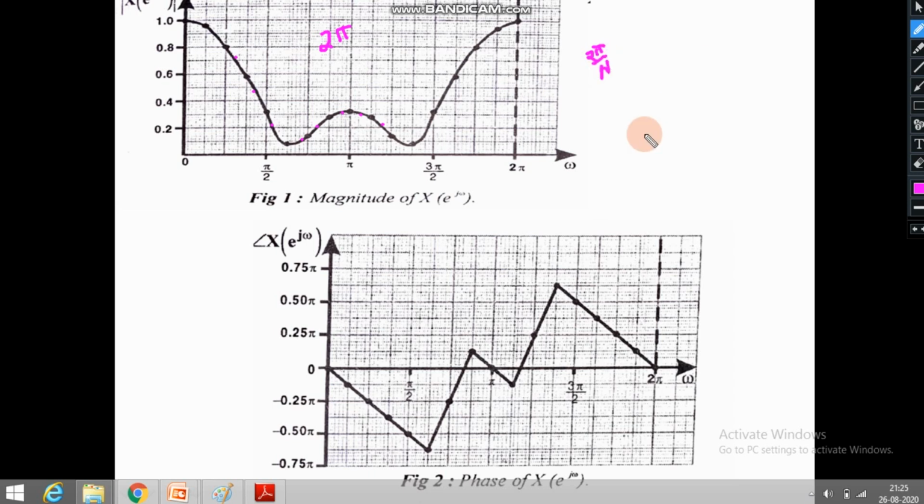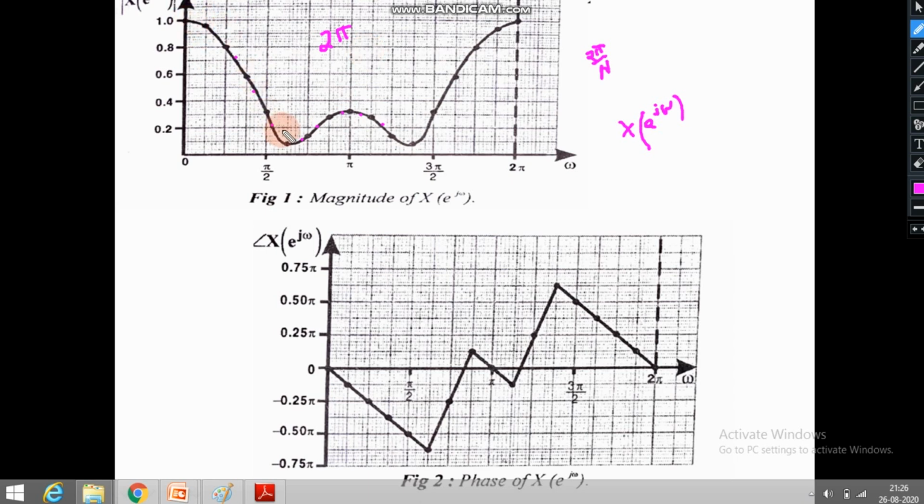Thus let X of e raised to j omega be the discrete time Fourier transform of the discrete time signal x of n. And the discrete Fourier transform of x of n is obtained by sampling one period of the discrete time Fourier transform at a finite number of frequency points.